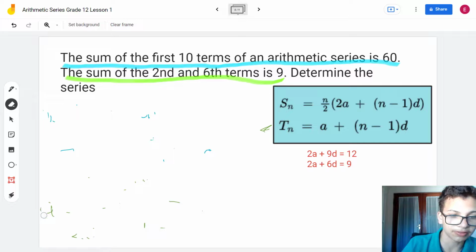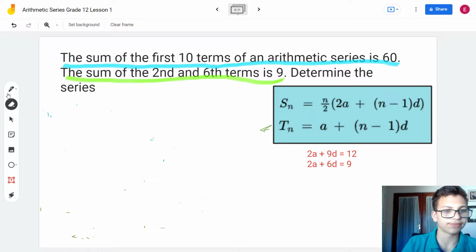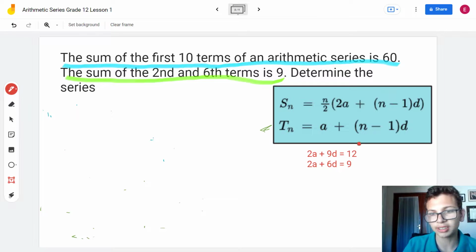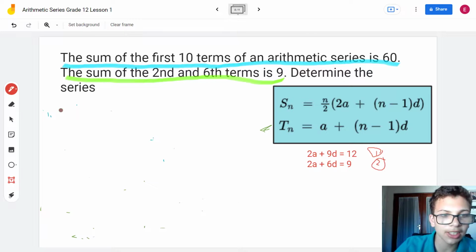So when you subtract them, if this is 1 and this is our 2, we say 1 minus 2.